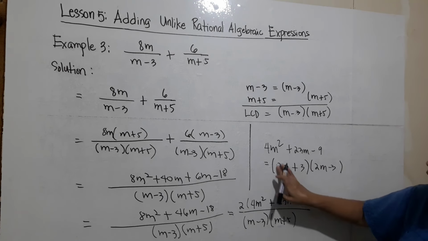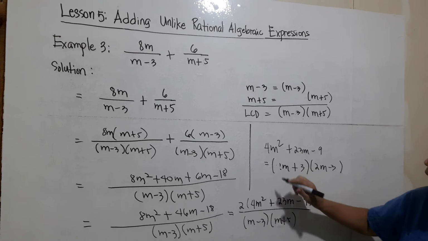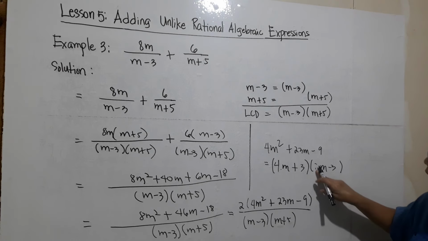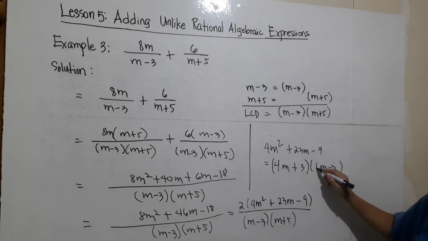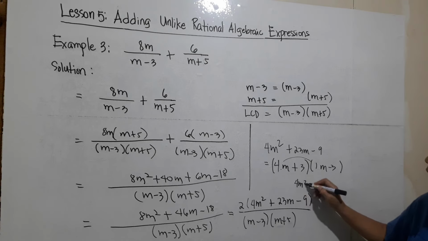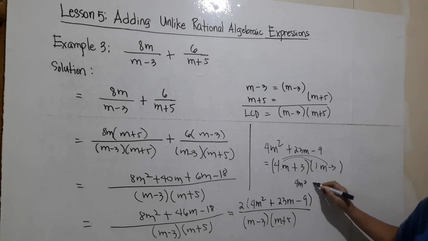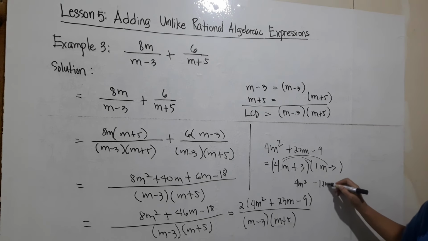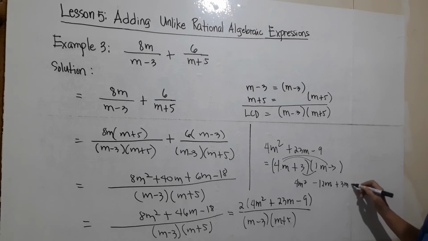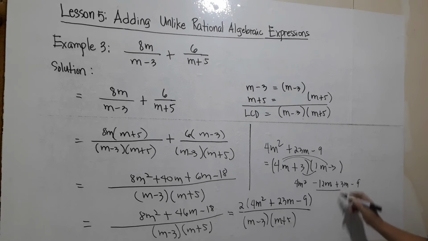What about if we have here 4m and we have here 1? Let's try. So you have 4m squared minus 12m plus 3m minus 9. It won't be 23m.